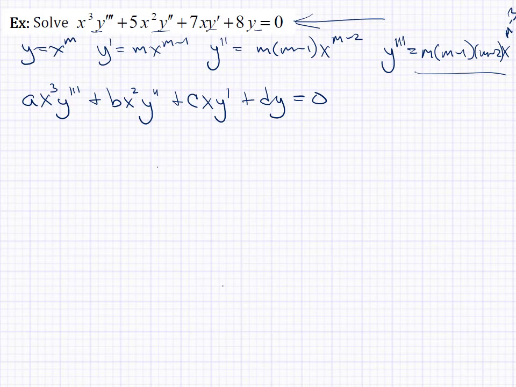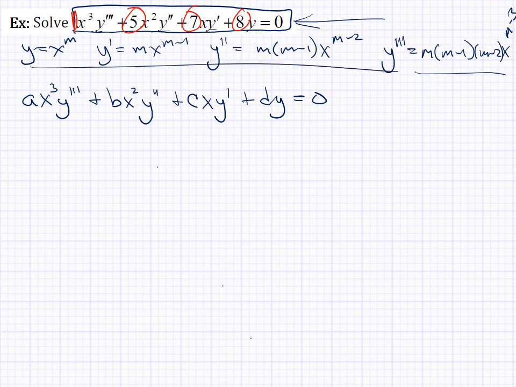And so we're going to plug all this into the standard one, and then we'll apply what we get out of this to this specific one. And so a, b, c, and d are your constants. In this equation they're going to be 1, 5, 7, and 8.